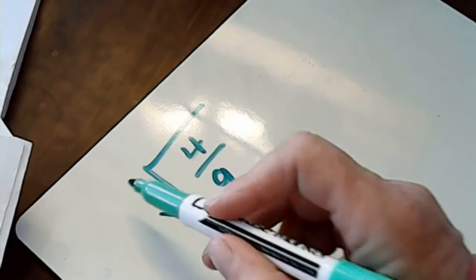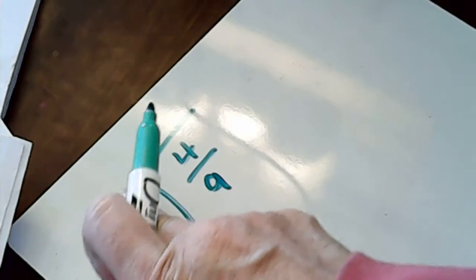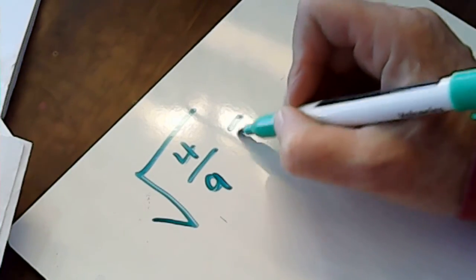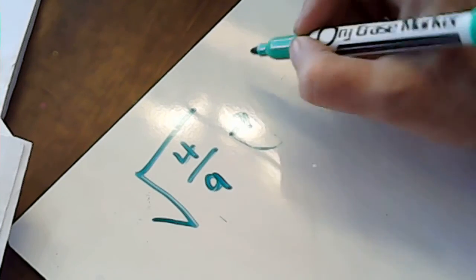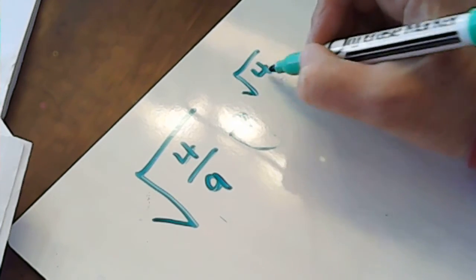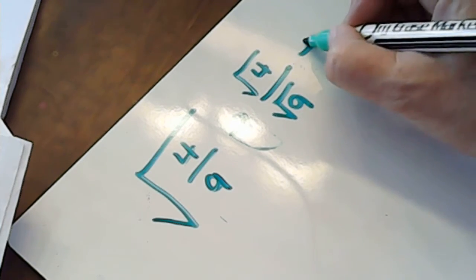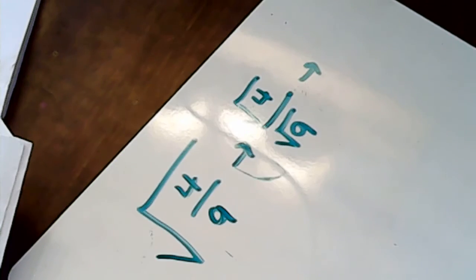So our index is 2, because remember, if it's not there, we know we're looking for a square. And so what we think about is, what's the square root of 4 over the square root of 9? So we have perfect squares here. See that?